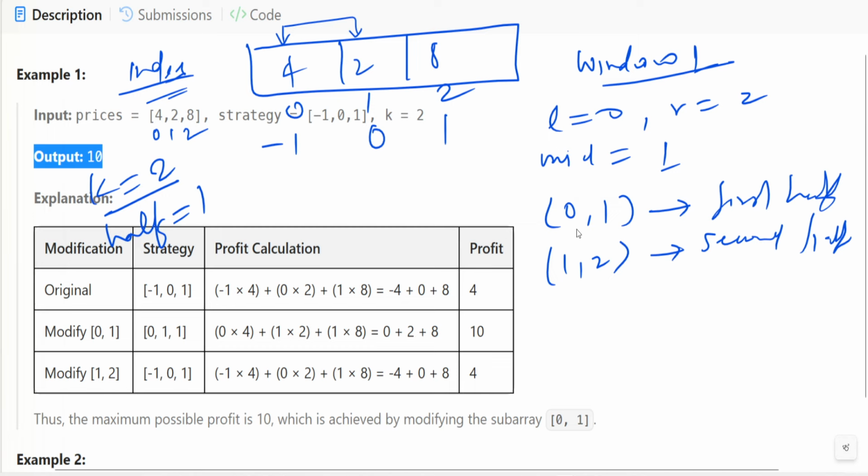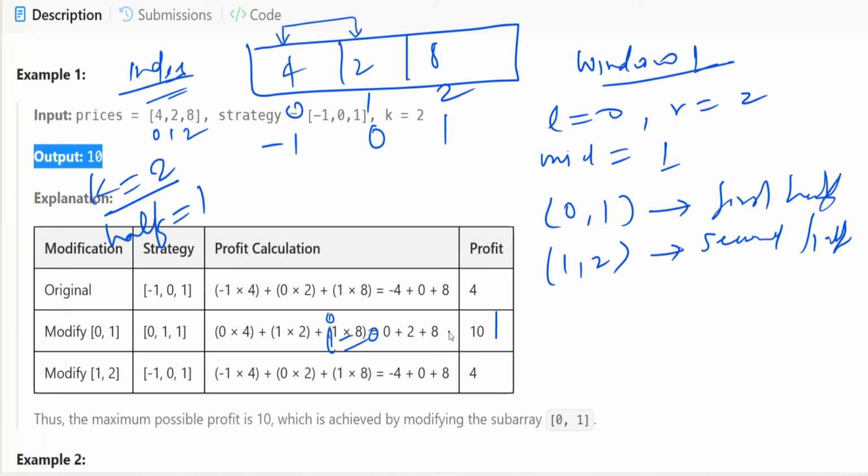So what are the window elements we have? Let's suppose at index 0 we are talking about, what we have is -1, we take strategy into 4 at that index.